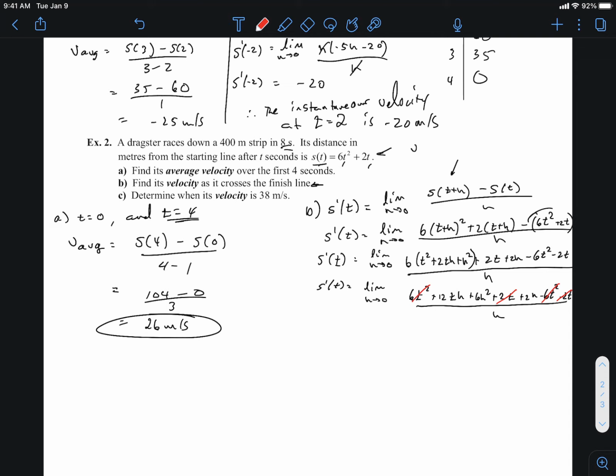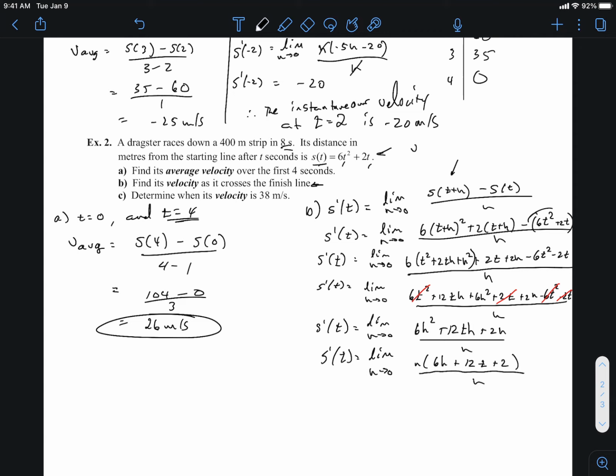Okay, so now we'll just rewrite this and clean it up. S prime of t is equal to the limit as h approaches 0. We're going to have 6h squared plus 12th plus 2h, and we can factor out an h, and we're left with 6h, not h squared, just 6h, plus 12t plus 2 divided by h.